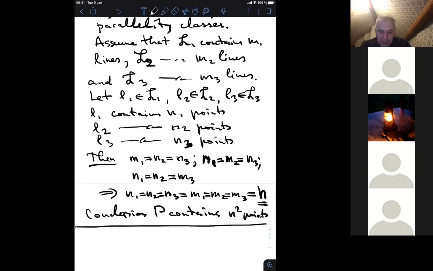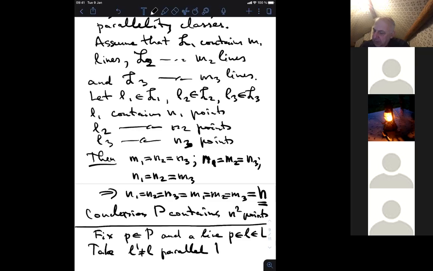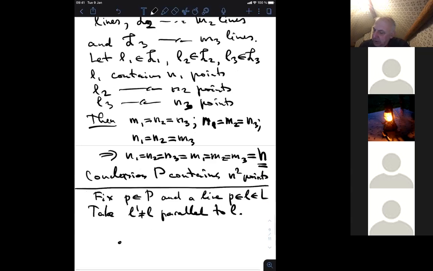So the next step would be, fix some point P in the plane, and a line L which contains P. So let's take another line parallel to L. So we have such a situation: we have this point P containing line L and L prime, which is parallel.